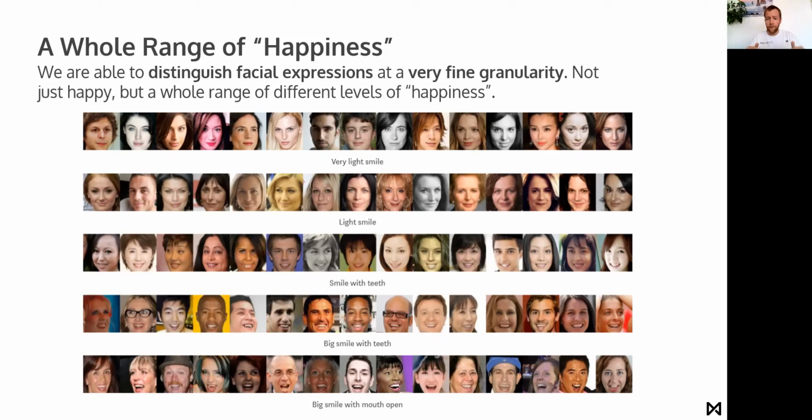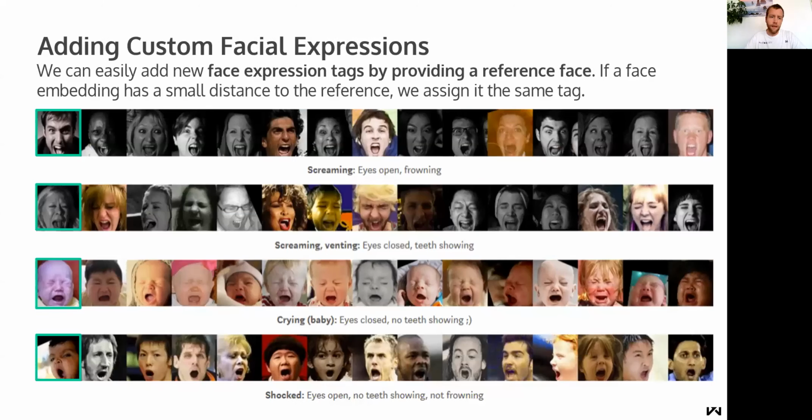And we can do this for every row. You see, as we go down, there's more and more the mouth corners go up. So the system kind of learned without explicitly knowing that there's something like smiling, right? So that's a very nice feature of this. So very fine granularity of facial expressions that we can distinguish.